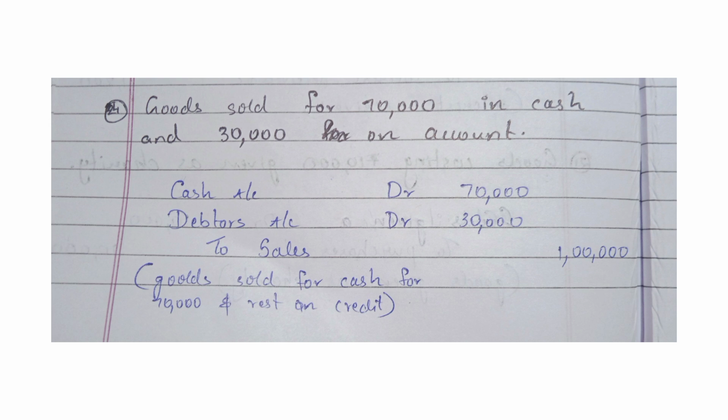Here it is sales, so two accounts are debited. What about the amount? In the previous case, the total amount was given. We had to subtract it, right? But here the separate amounts for cash and debtors are given directly. So we will be adding those amounts to the sales account. Fine. The narration is goods sold for cash for 70,000 and rest on credit.